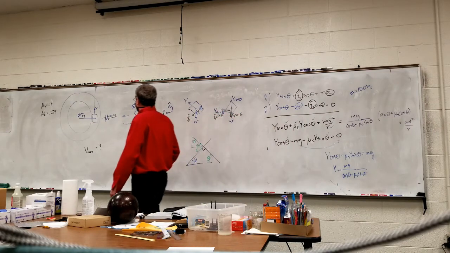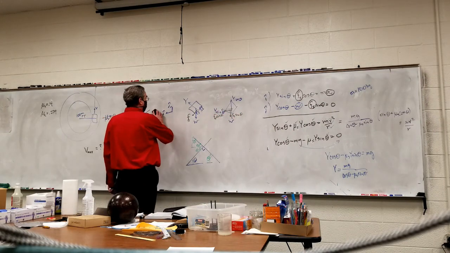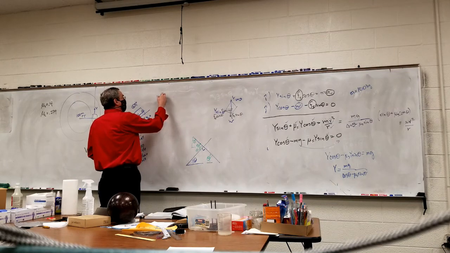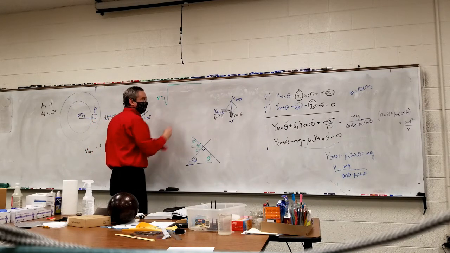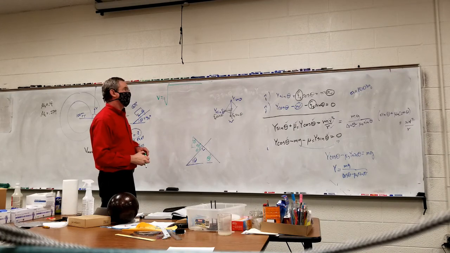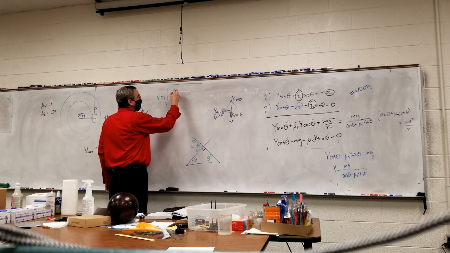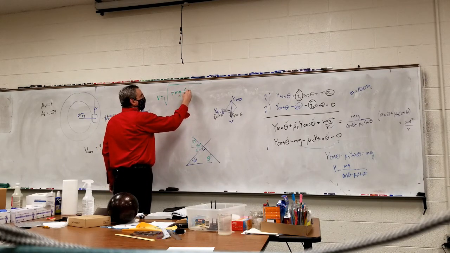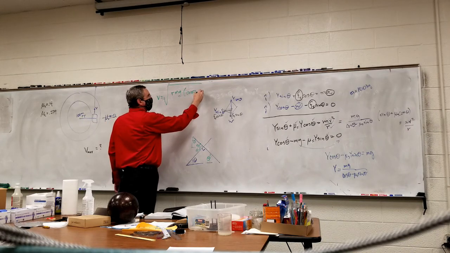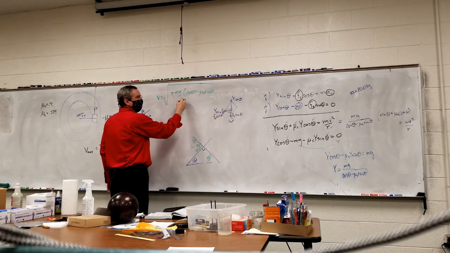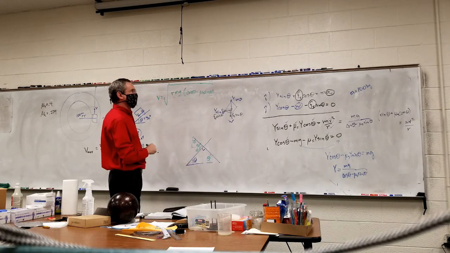And then v is equal to the square root of r times rmg, cosine theta minus mu s sine theta divided by, wait, no, that's not right.